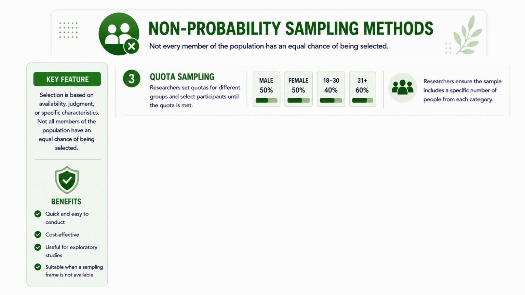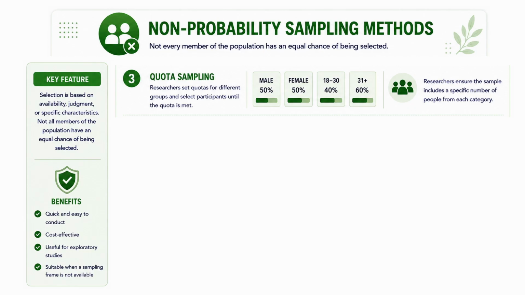Next is quota sampling. Quota sampling means researchers set quotas for different groups. So in this research, please look, 50% of participants should be males, 50% should be females. 40% should be between the ages of 18 to 30 years. 60% should be above 30 years of age. Like that, a researcher can prepare a quota and include participants based on the quota.